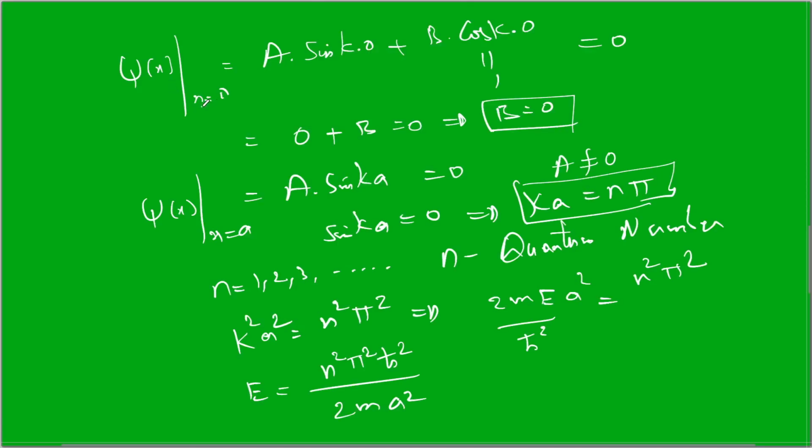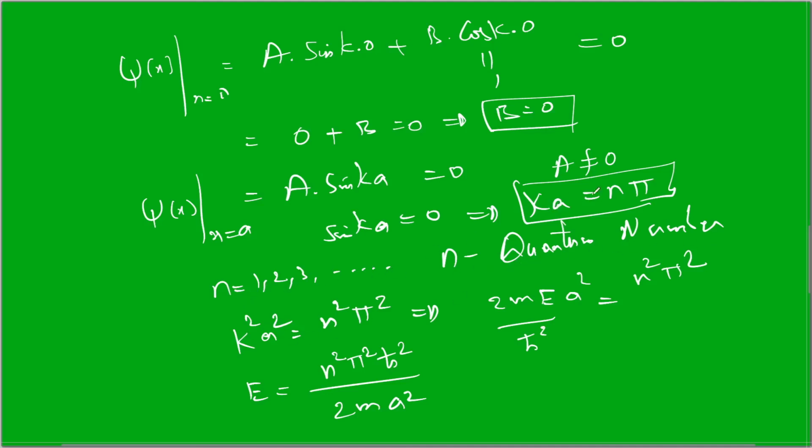Applying the boundary condition psi of x at x is equal to 0 gives us b is equal to 0, and when you apply the boundary condition psi of x at x is equal to a is 0, it will give us ka should be equal to n pi. We have said n can take values 1, 2, 3, and so on and so forth, and these are known as quantum numbers.